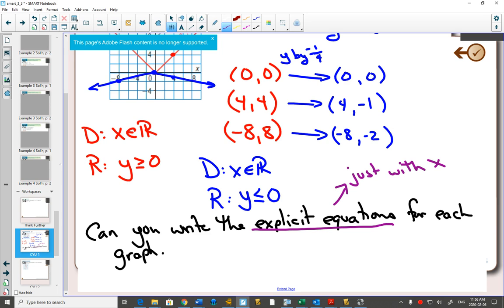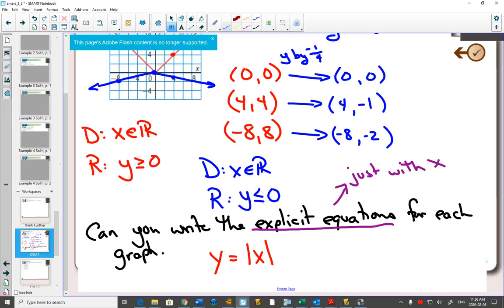So the red graph, did you recognize it? What kind of graph was the red graph? It was one of ours from the sheet that we had. It's the absolute value. So the explicit equation for the red graph would be this. Okay?